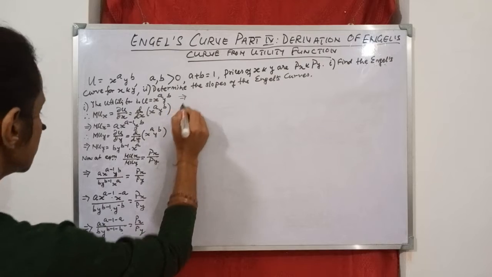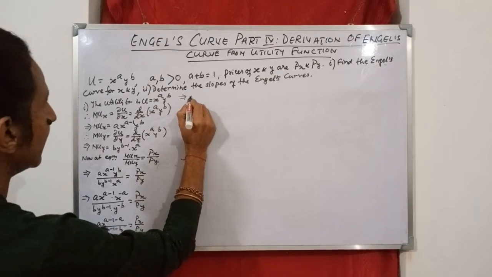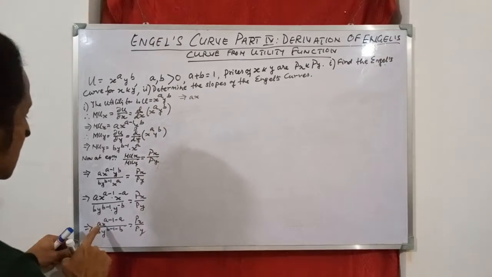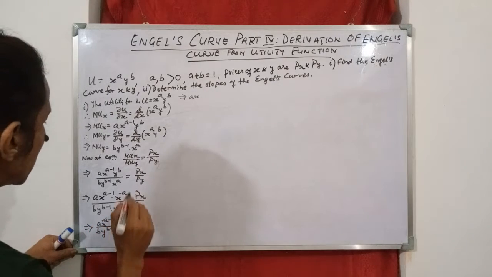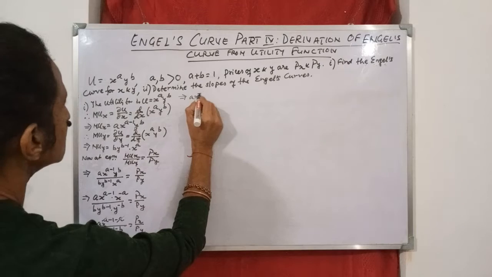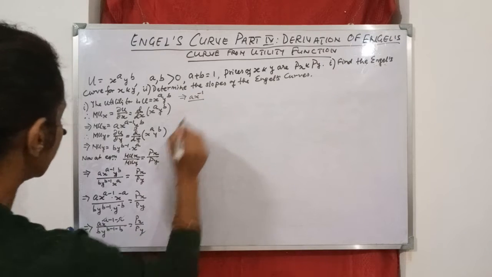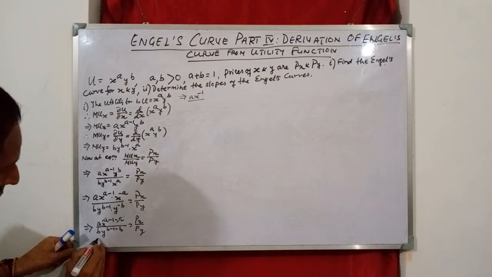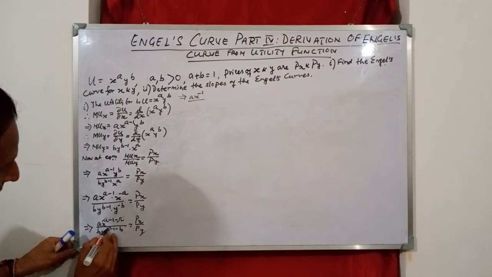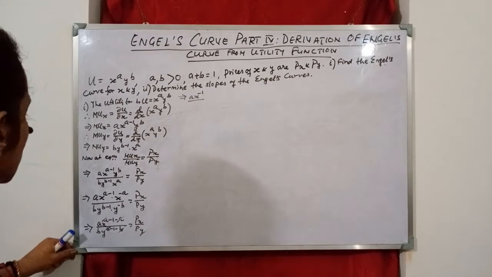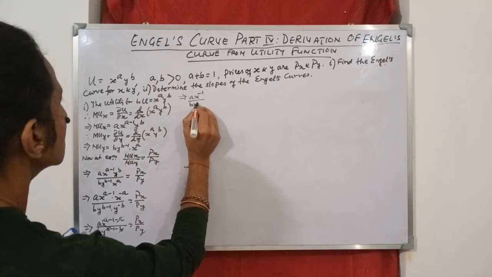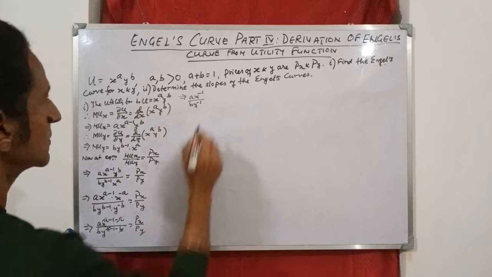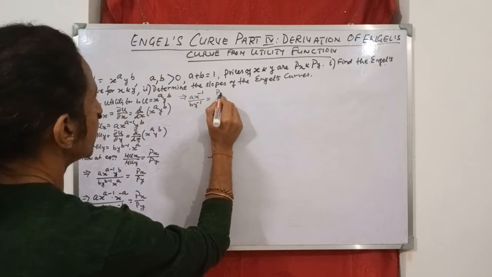So plus a minus a go away, leaving a x to the power minus 1, divided by, here it is b y to the power b minus 1 minus b, so plus b minus b go away, leaving b y to the power minus 1, equals px by py.